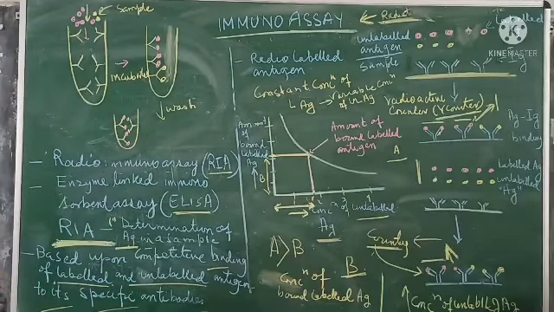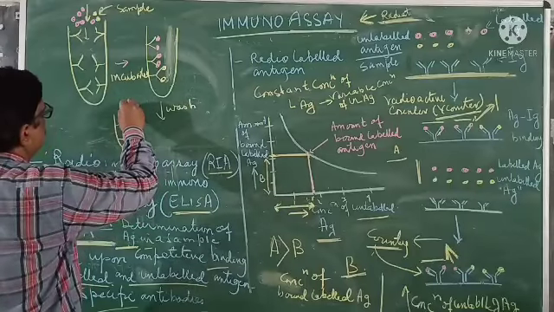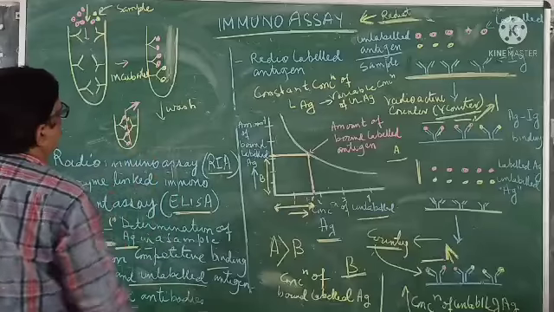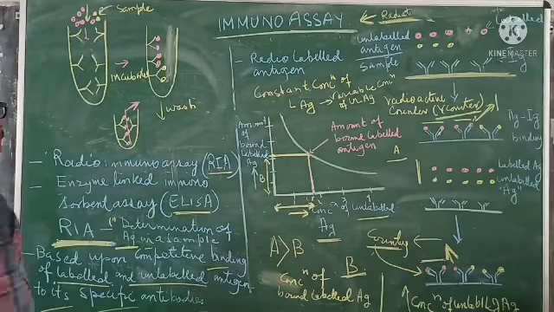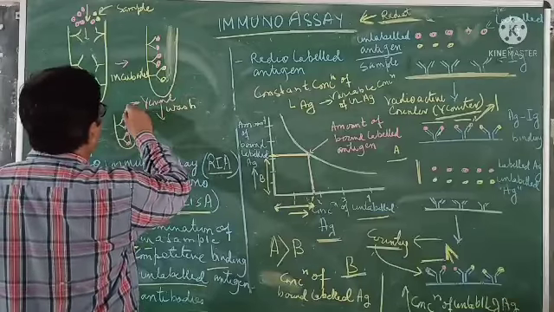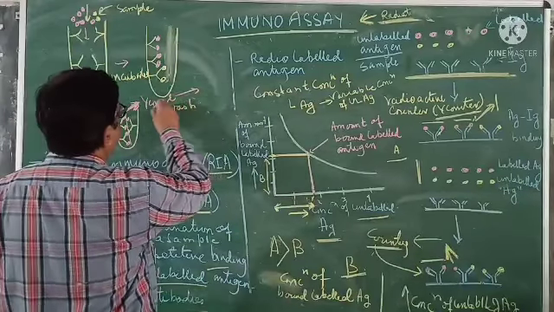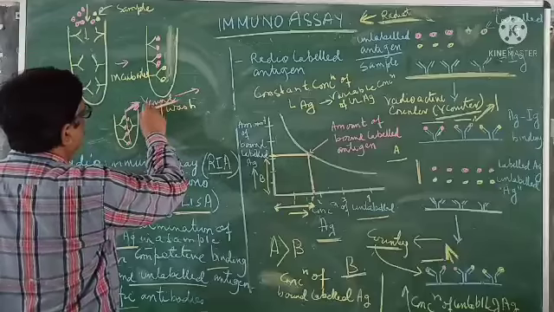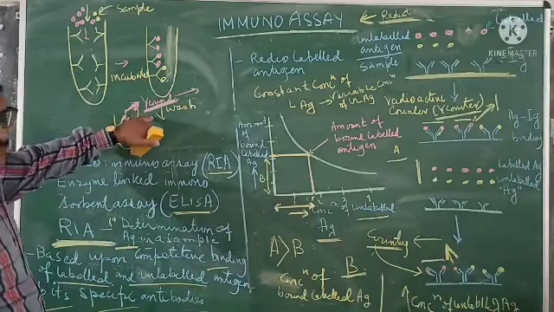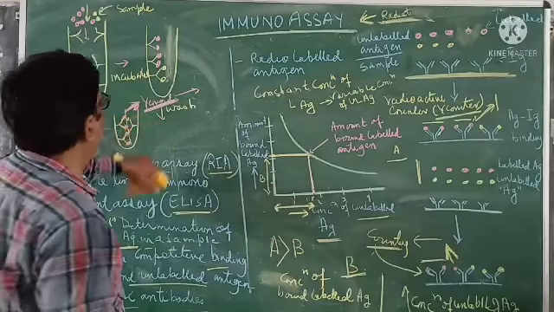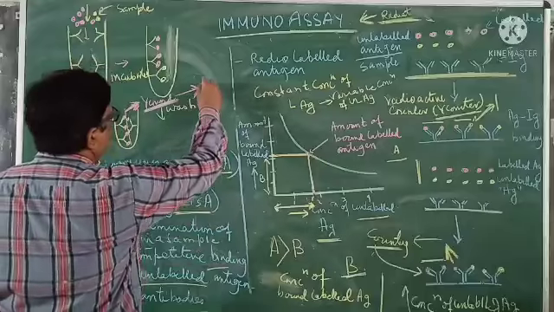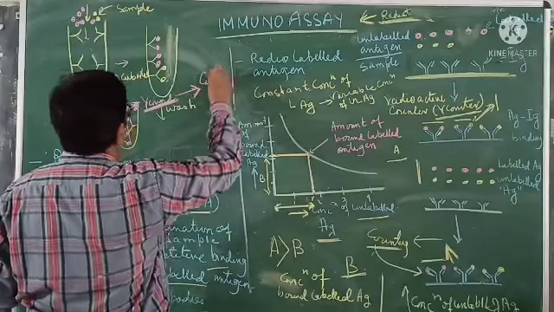Okay, now we will use these bound antigen for counting their emission through a gamma counter. By the gamma counter the emission will be counted, and by the amount of radioactive emission, we can calculate the concentration of bound antigen.